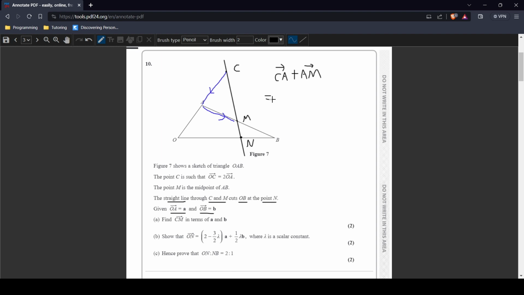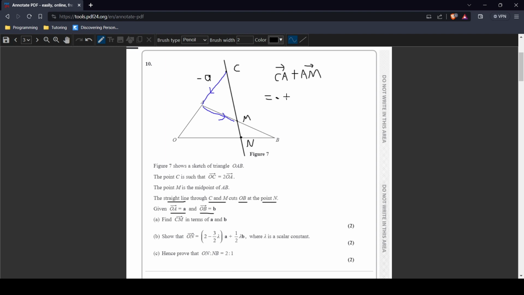Now the vector CA is just minus lowercase a, right? Because the position vector of C is 2 times the position vector of A. So to go from C to A, we just have to do minus a.